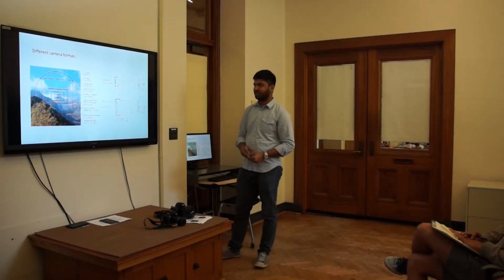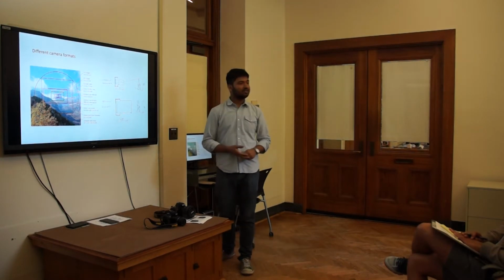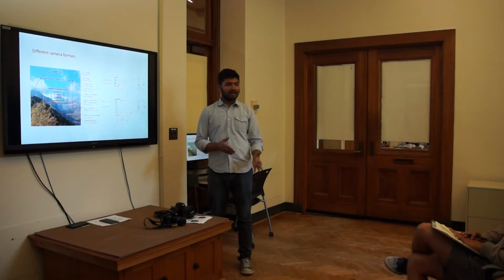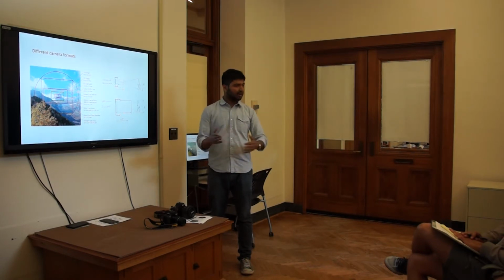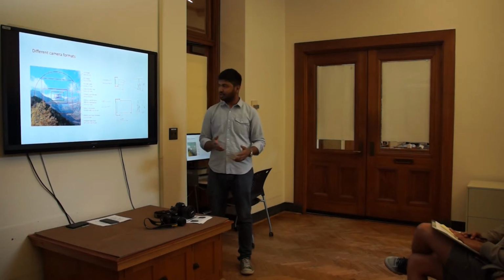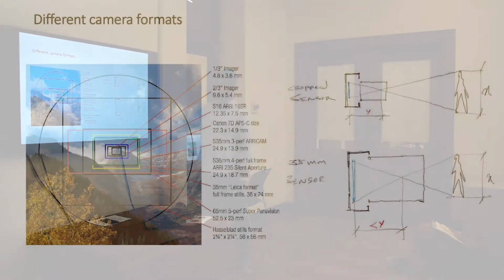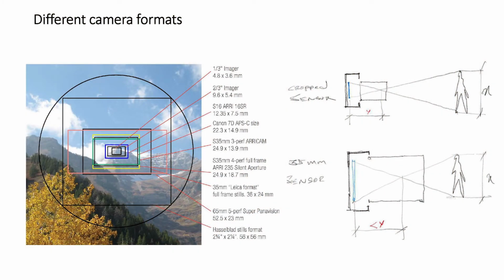And now it's important to know the different formats of camera, because every format and every brand has its own lens system, and some of them are not compatible with each other, but some of them are. It mainly depends on the size of the sensor.